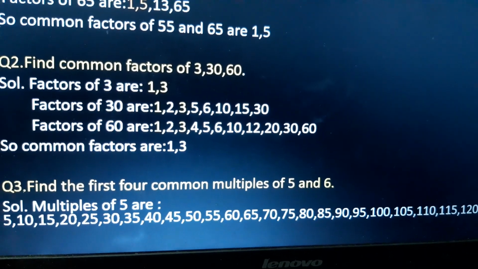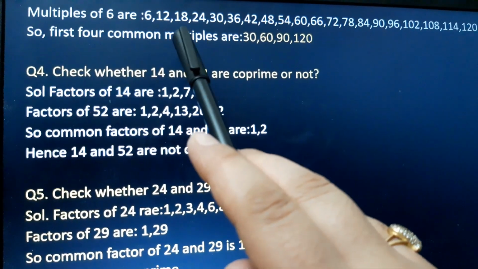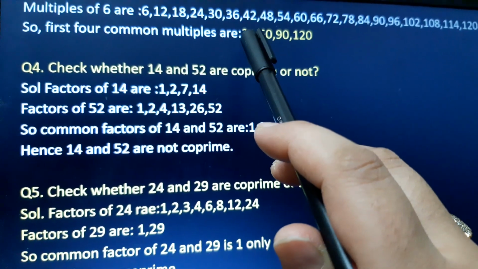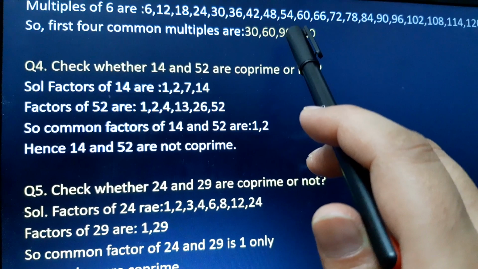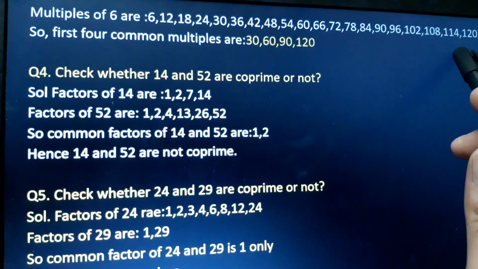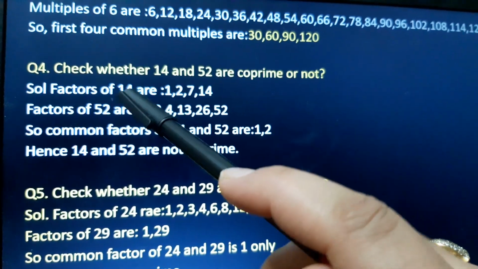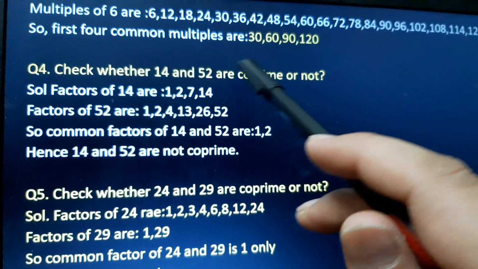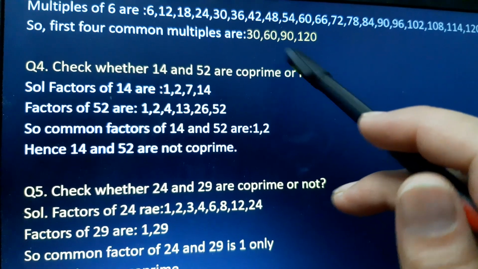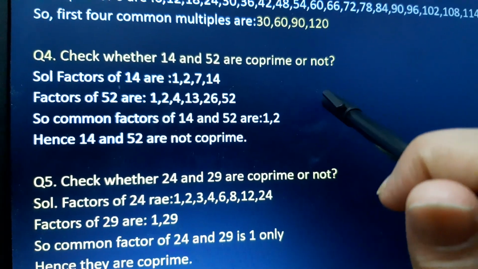Next, the multiples of 6 are 6, 12, 18, 24, 30, 36, 42, 48, 54, 60, 66 and so on till 120. So from both of them what I have observed is the first 4 common multiples are 30, 60, 90 and 120.